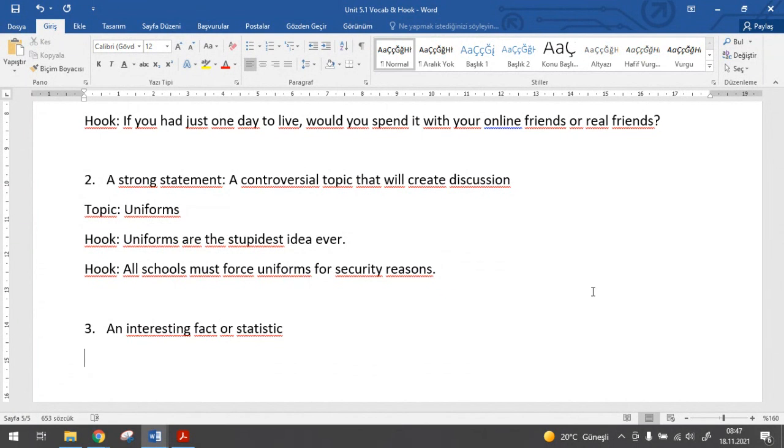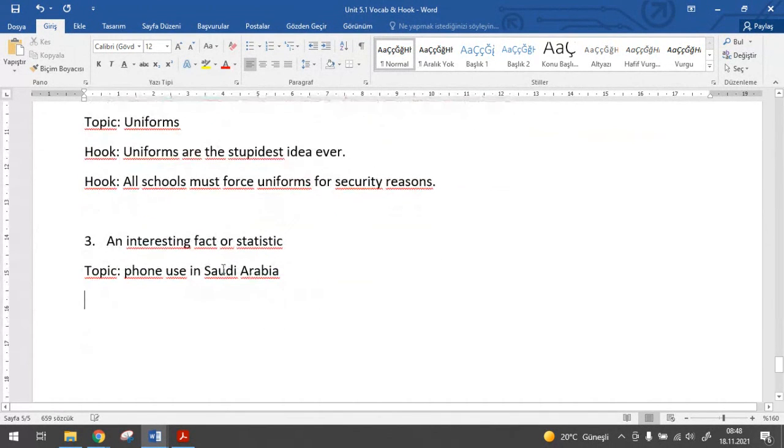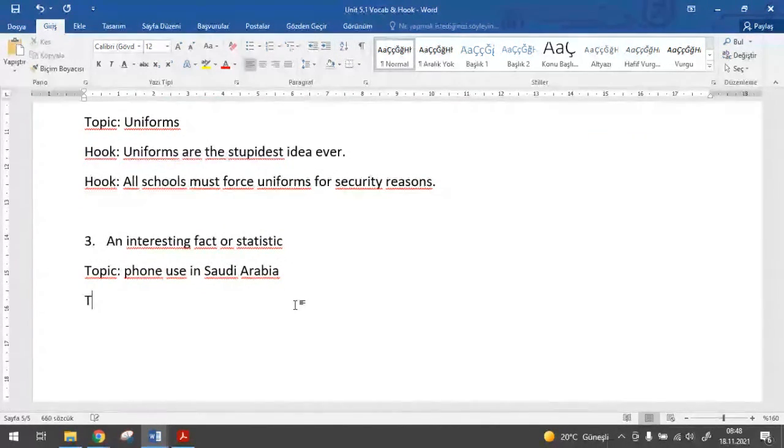For example, imagine that the topic is phone use, let's say in Saudi Arabia, right? An interesting fact or statistic about it. So what is a hook?